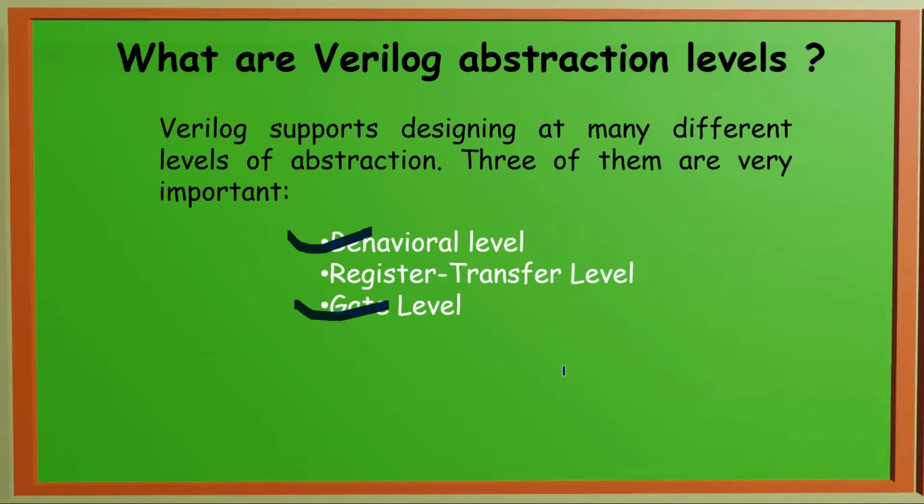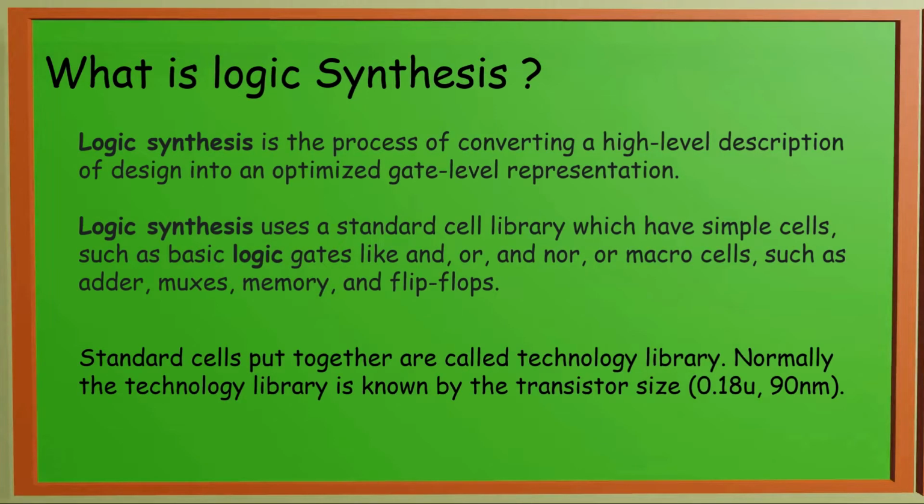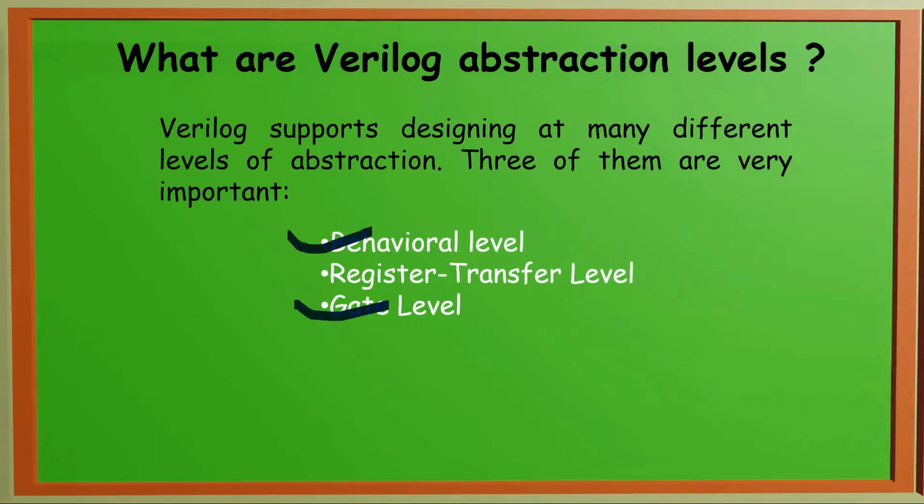Like in any language, there are some predefined keywords. These are called logic primitives, like AND gate, NOR gate, NOT gate. They are predefined in this language because everything will be built on the gates.